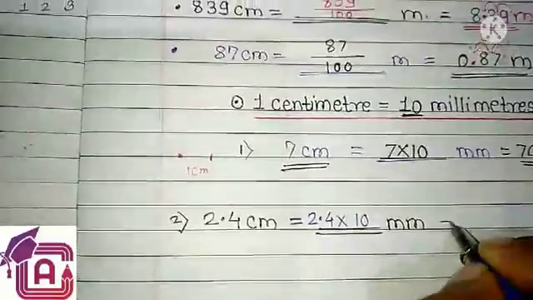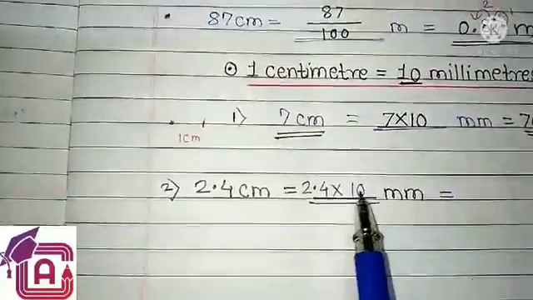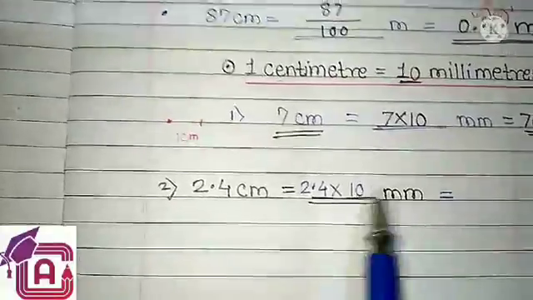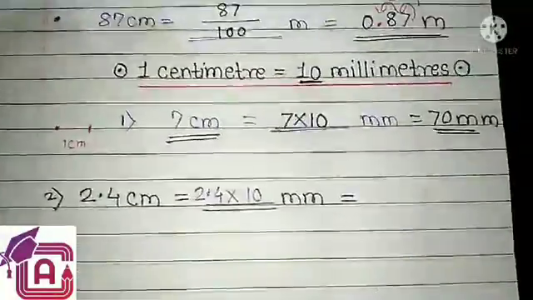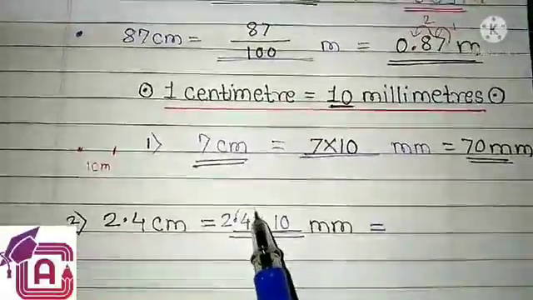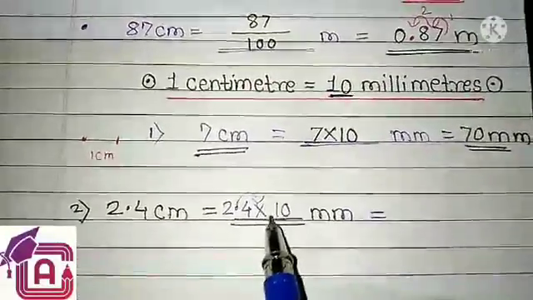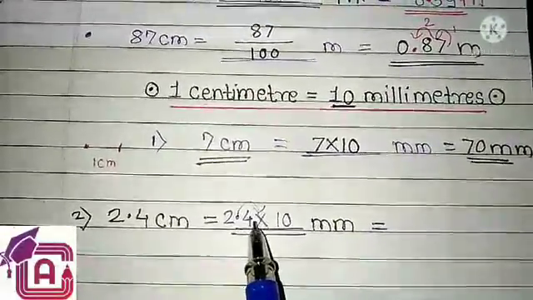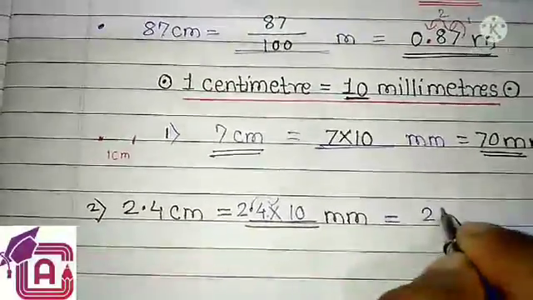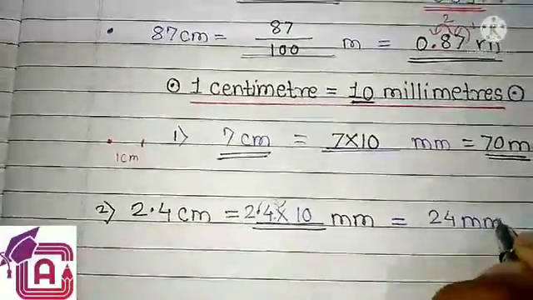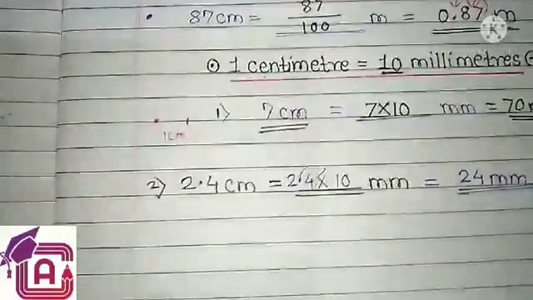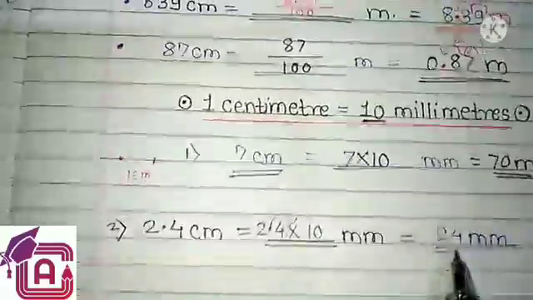When you are multiplying with 10, we have to shift this decimal point how many times? 1 time only, because the number is 10, so 1 zero is present. Shift it towards the right because of multiplication. So this decimal point is coming after the 4, so the number becomes 24 millimeter. 2.4 centimeter is equal to 24 millimeter.